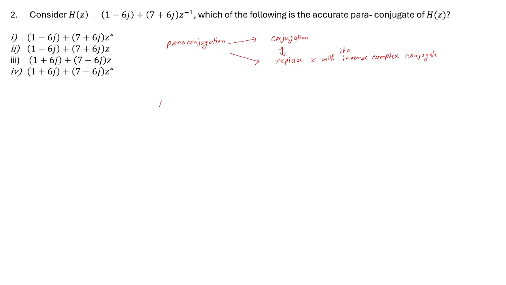Actually, paraconjugation can be seen in a slightly better way if, instead of conjugation itself, we use coefficient conjugation. In this case these two operations are separate. I'll explain why in just a minute.